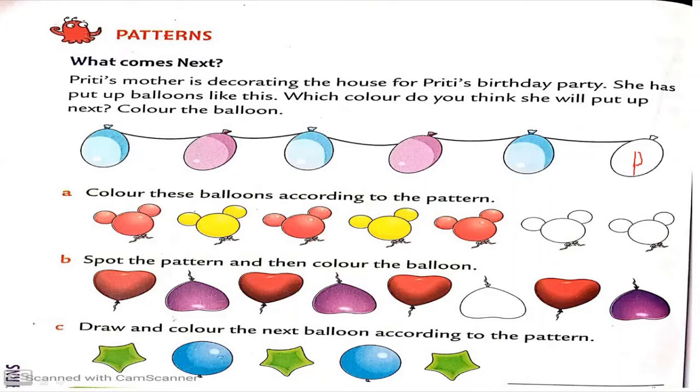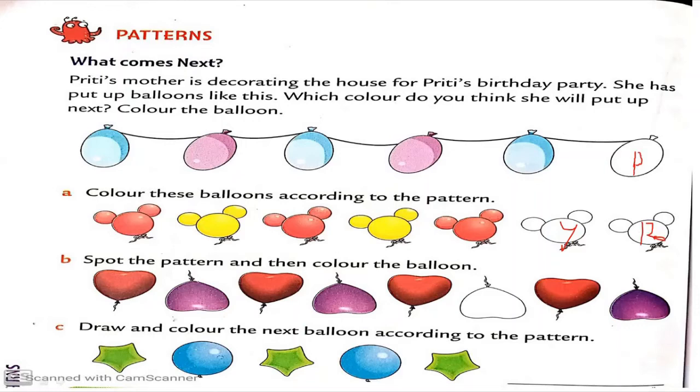Okay. Now color these balloons according to the pattern. Look, this is red, yellow, red, yellow, red. Which color should come next? Yellow color. Okay. Then after yellow, if you follow the same pattern, which color will come? Yes, you are right. A red color will come. So we have to color with red.